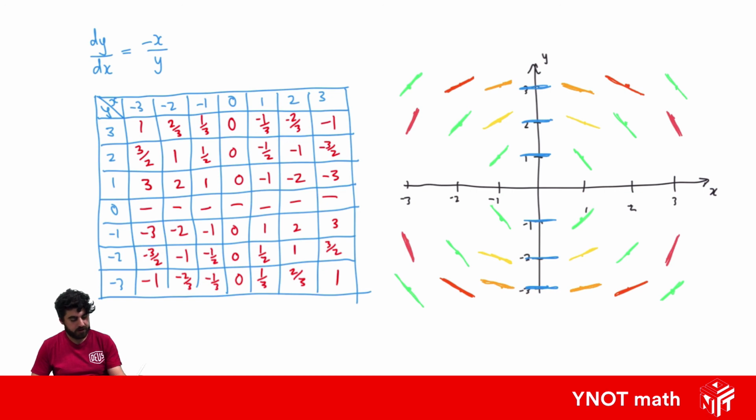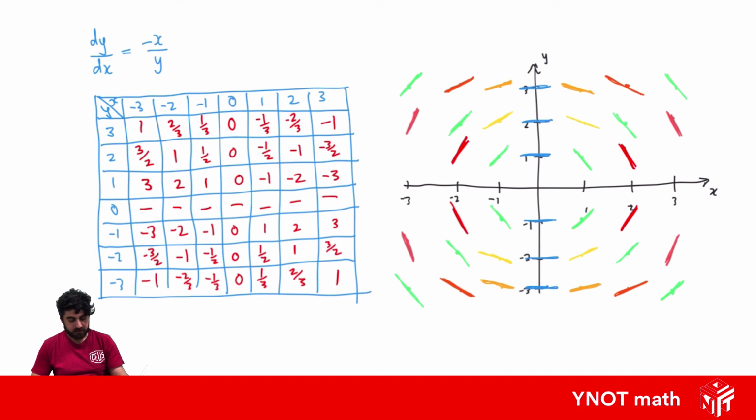Now let's look at gradients of 2 at -2 and 1. Something like that. And another one at 2, -1. And one of -2 at 2, 1. So here. And another one of -2 at -2, -1.